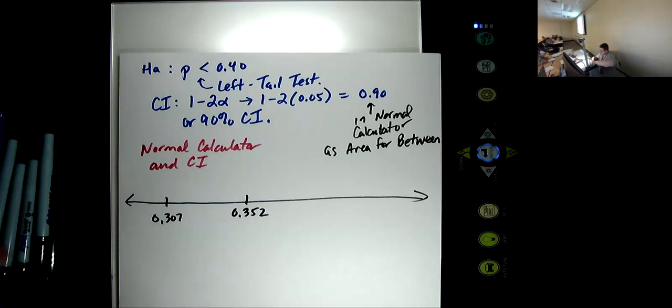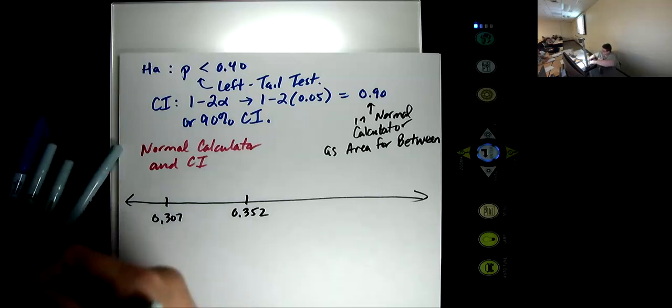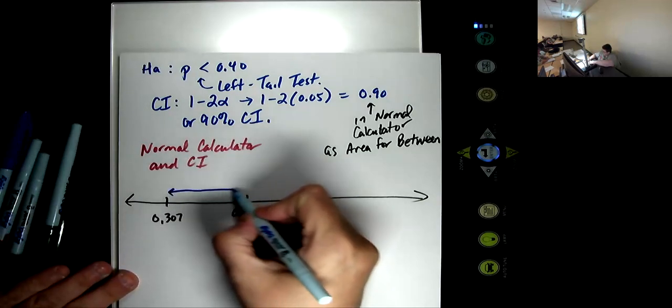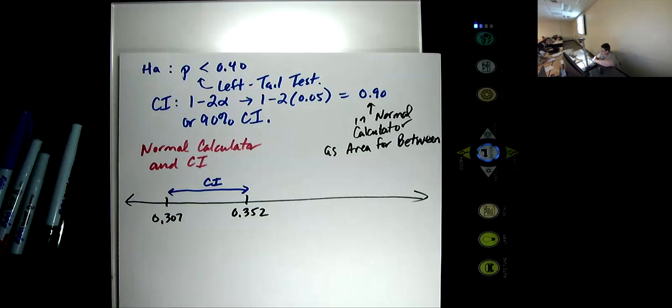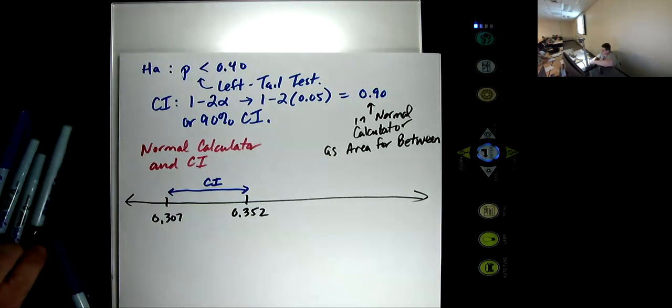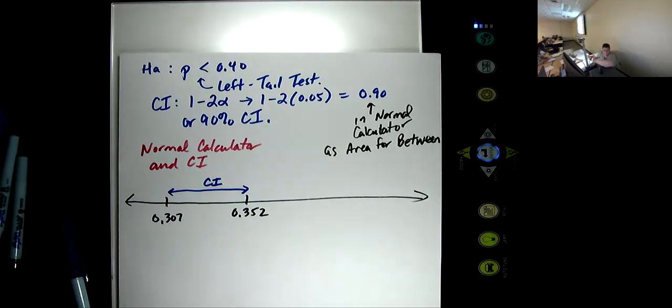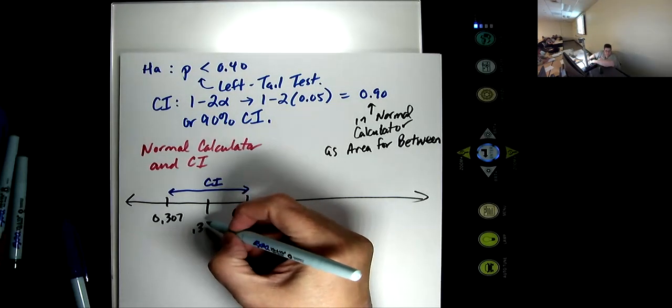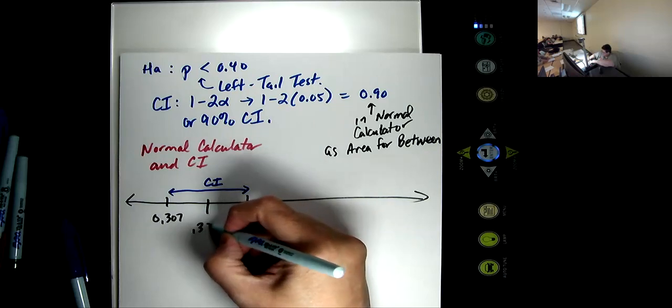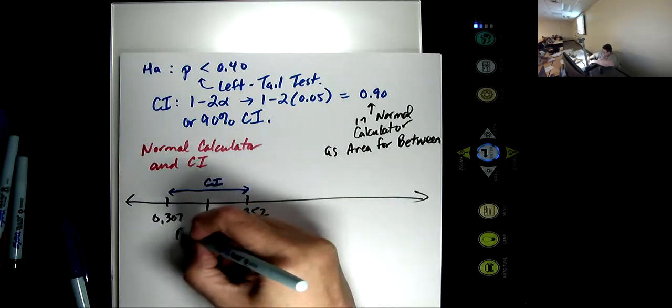And this was our confidence interval, with our sample proportion right in the middle as 0.32966. That was our p.